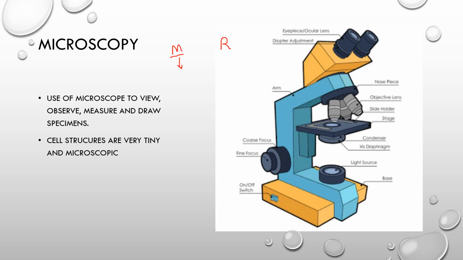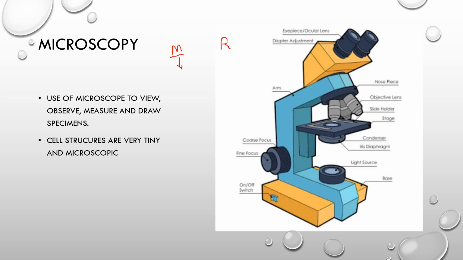If you check here, all of these lenses magnify, they make the specimen bigger, the image is bigger. So like I told you, this is the eyepiece lens, and these are objective lenses.